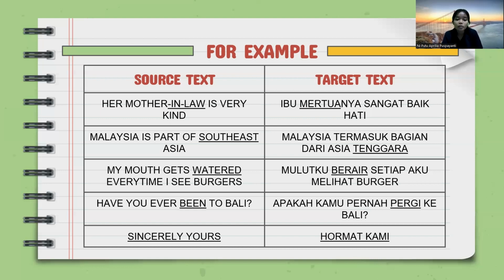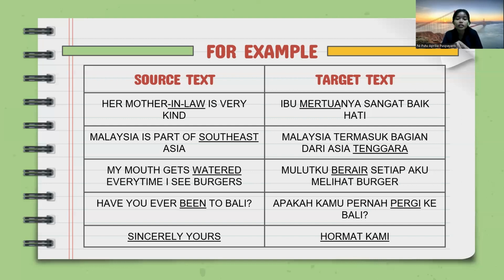So number 2 is Malaysia. Malaysia is part of Southeast Asia, and the target text is Malaysia termasuk bagian dari Asia Tenggara. Number 3 is my mouth gets watered every time I see burgers. And the target text is mulutku berair setiap aku melihat burger.